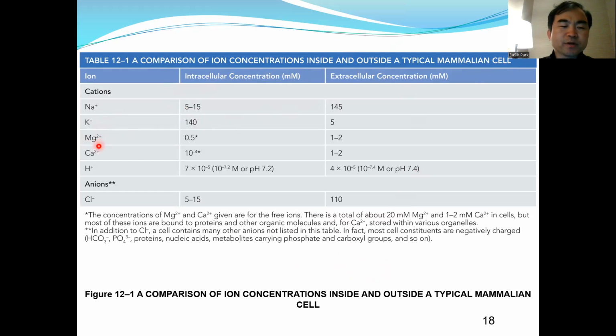Sodium, potassium, magnesium, and calcium show almost 10 times difference, right? At least 10 times, and 30 times, and a dozen times difference. Also, this one is similar, you can see.